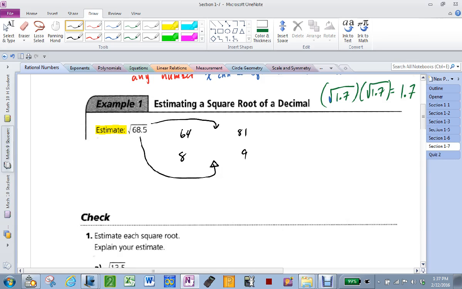That it's closer to 8? It's closer to 8 than 9. Why is that, James? Because 68.5 is a heck of a lot closer to 64 than it is to 81, isn't it? Yeah. Does everyone agree? Yes.